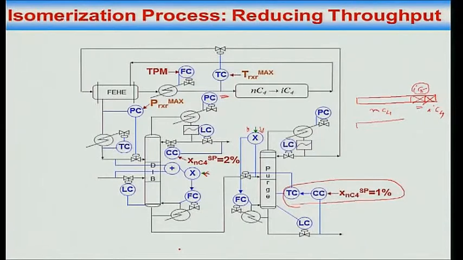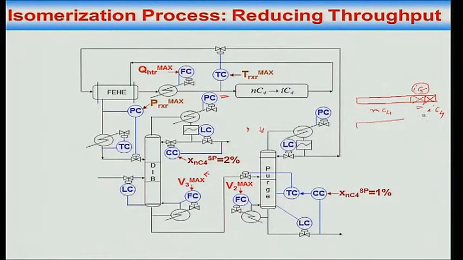So you can look at it two ways. I am at a given low throughput, I want to jack up throughput, or I am at max throughput and I want to jack down throughput. So if I am at max throughput, which is what this is, what do I take up? I take up control of what?